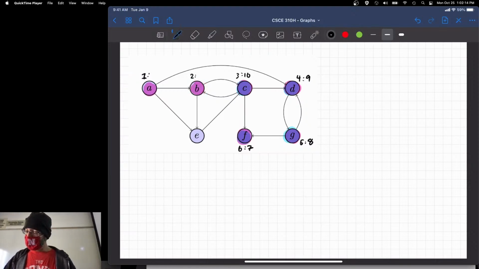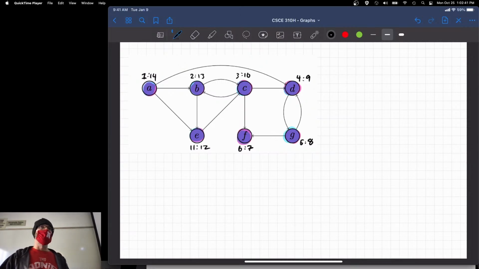Go to E, a discovery time of 11. And because its neighborhood is done, I immediately go back as well. So visited and then processed. Processed, processed, and this is 13 and 14. Okay?